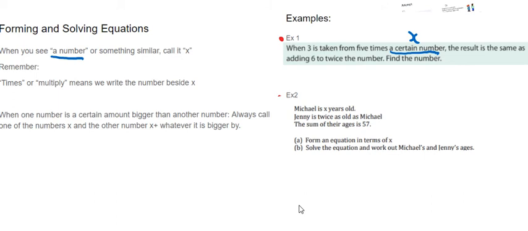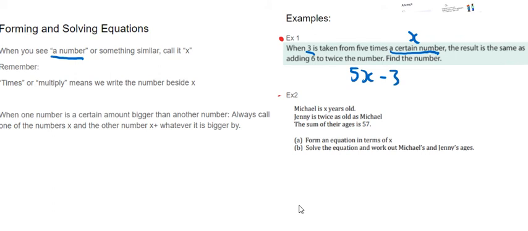So when 3 is taken away from 5 times a certain number, 5 times a certain number would be 5 times x, so we're going to have a 5x in this equation. Then when 3 is taken away from it, we're going to have a minus 3 there.